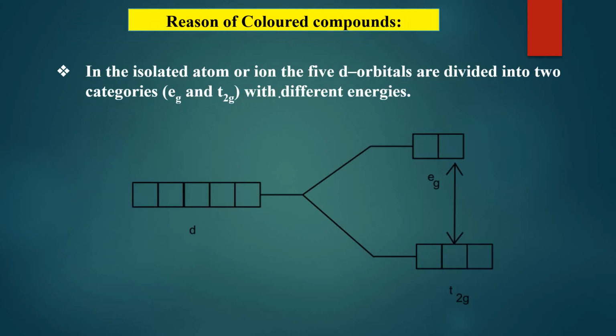That is due to the splitting, in the isolated gaseous atom or ion, of the 5 d orbitals into two categories, Eg and T2g. Eg means doubly degenerate.